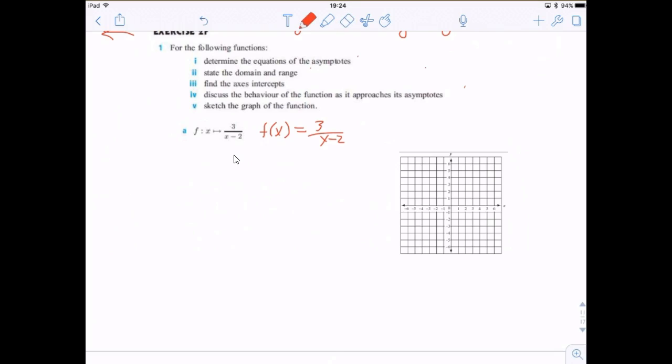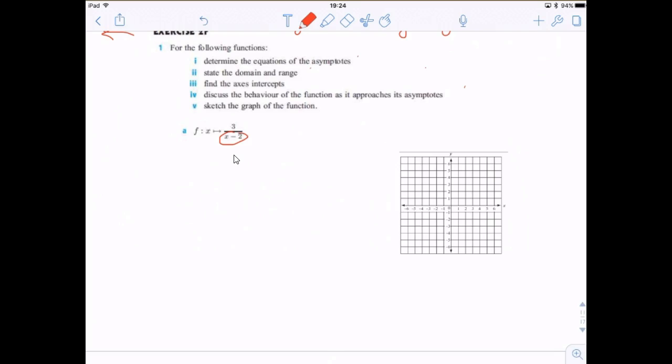Okay, so right now we're going to look at the equations of the asymptotes. So asymptotes, we know, can be found in the horizontal direction and the vertical direction. Vertical asymptotes are found because in the denominator of a fraction, sometimes you end up with 0, and when you end up with 0 in the denominator of a fraction, that makes the function itself go to infinity or negative infinity, and then you're going to have a vertical asymptote. So let's look at this case. In this case, we have in the denominator x minus 2.